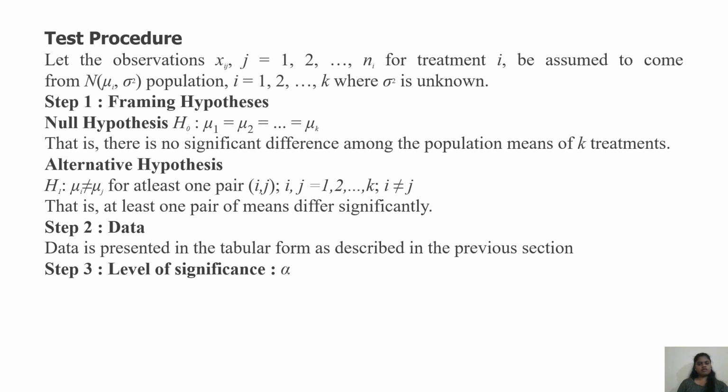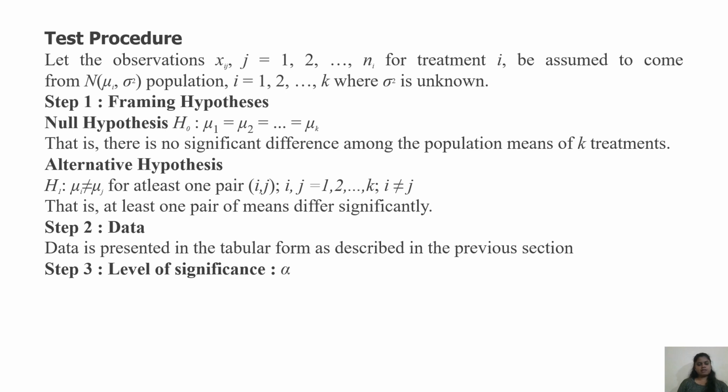Step 1, framing the hypothesis, that is the null hypothesis. We need to give a particular condition and check whether it is satisfied or not. If the null hypothesis is not satisfied, the situation is called the alternative hypothesis. So this is the first step of framing the hypothesis.